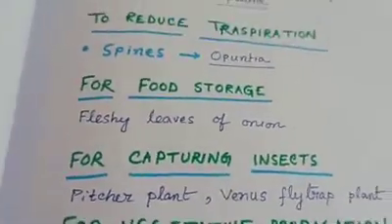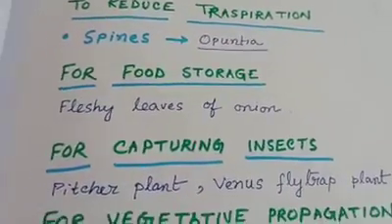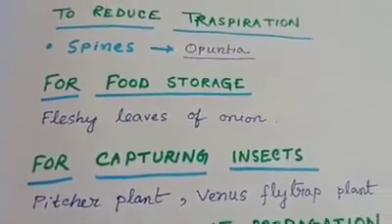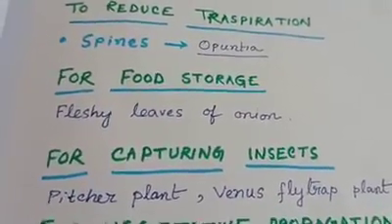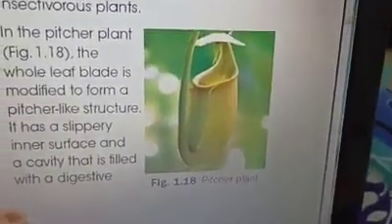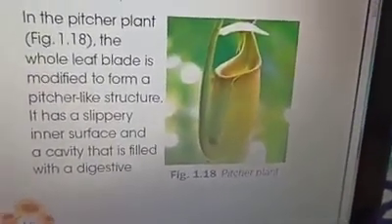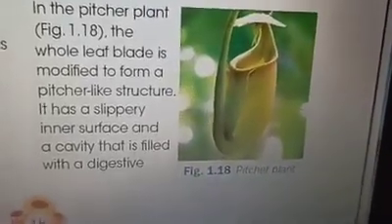And in some interesting plants, that is pitcher plant and Venus flytrap, leaves are modified into pitcher-like structures or trap-like structures, which can grab insects when the nitrogen level is low in their environment.